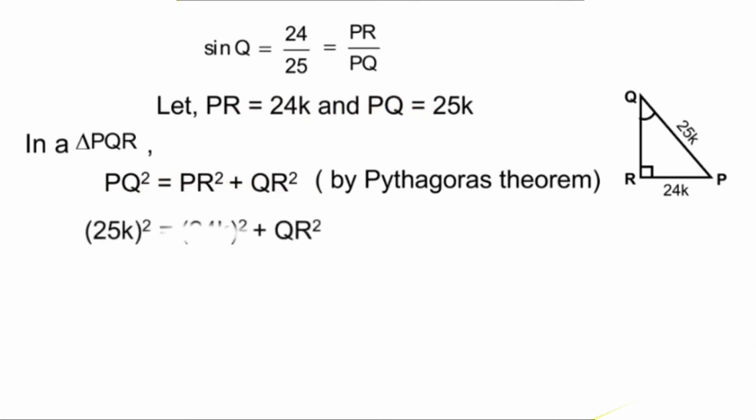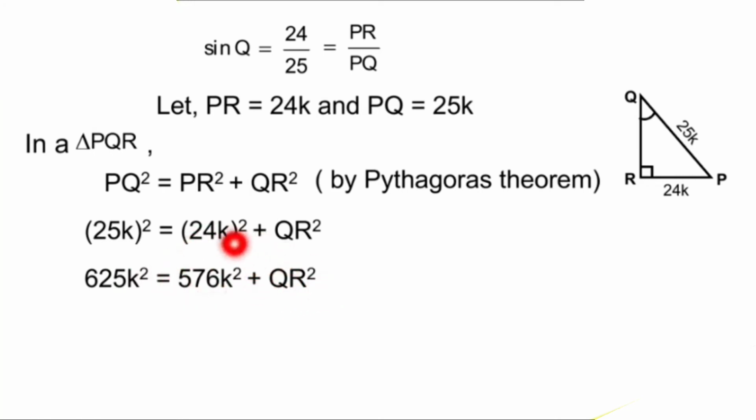Then we get 25K whole square is equal to 24K whole square plus QR square. Now let us take the squares of 25K and 24K. Then we get 625K square is equal to 576K square plus QR square.